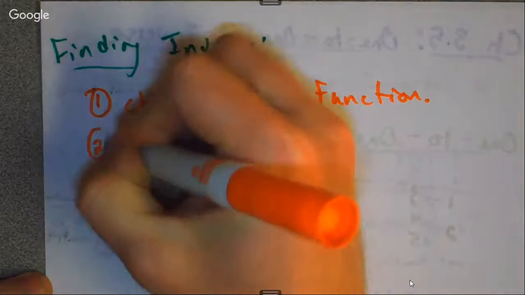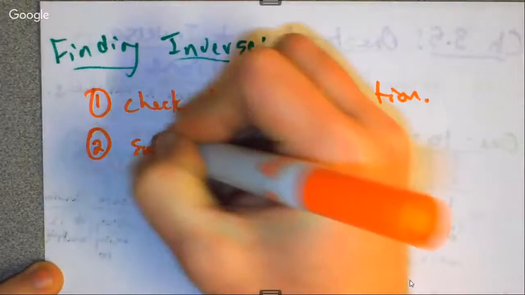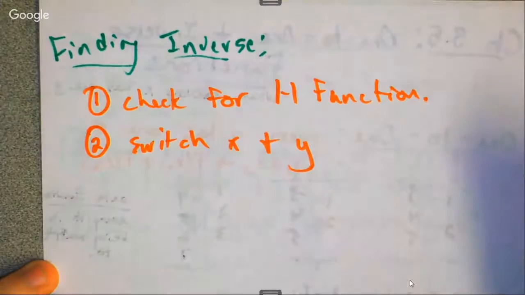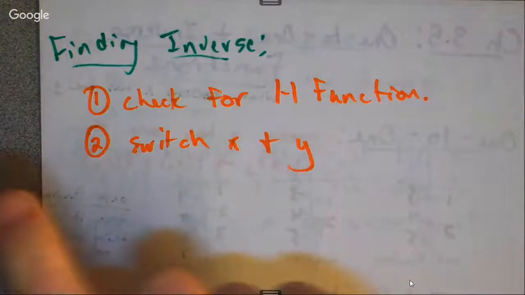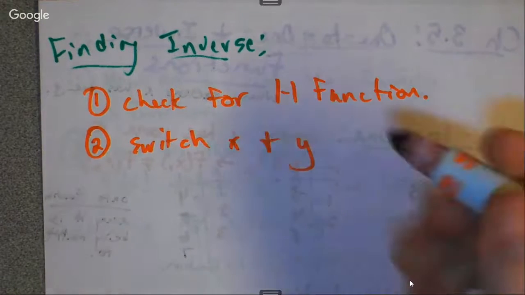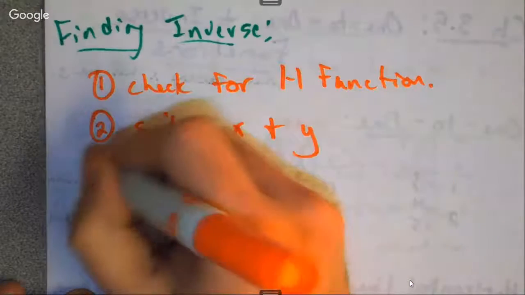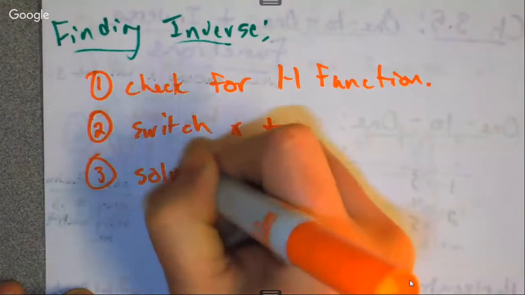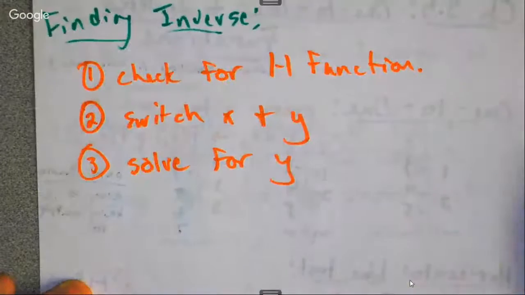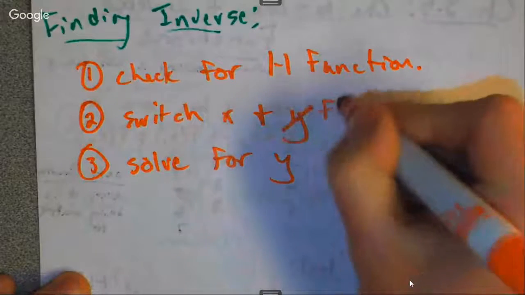Number two, you switch x and y. In your equation, you switch the x and the y. Number three, you solve for y, or we could put f inverse of x.